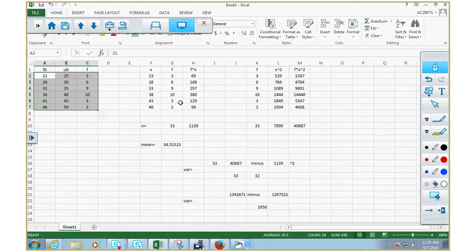Just bear with me. Okay, that's good. All right, and we're going to say this is, let's raise the bar a little bit and say this is 31 to 35.